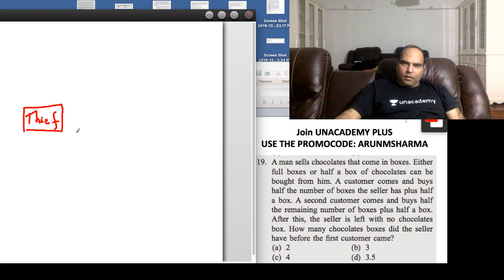diamonds or gold coins or chocolates from a house, or from a palace, and while escaping he meets 4 guards, and the first guard lets him go after he offers him half the merchandise plus the half.